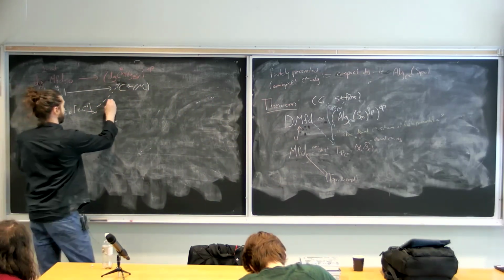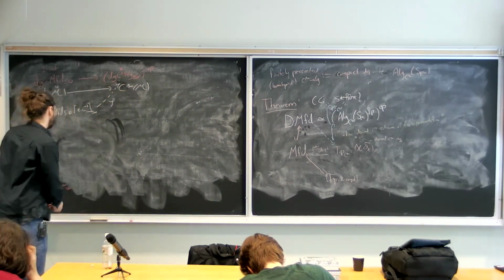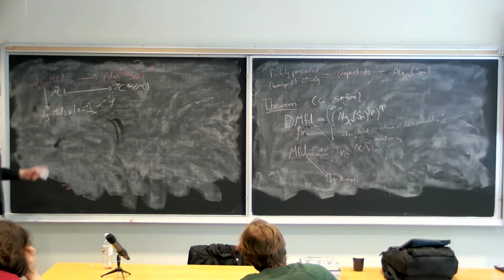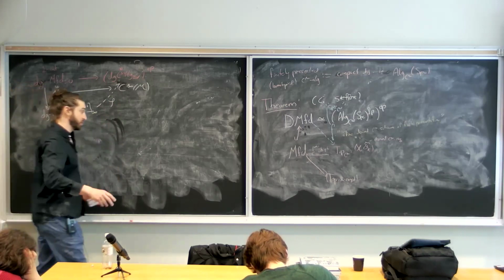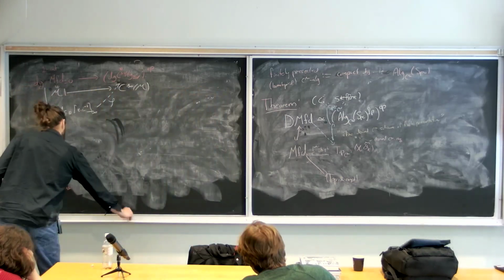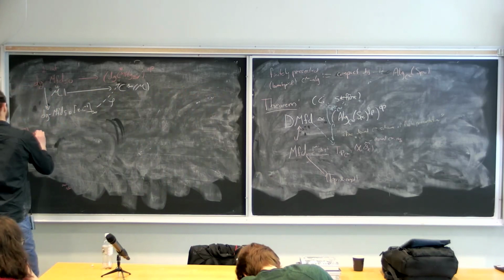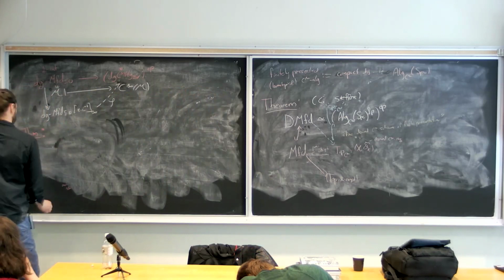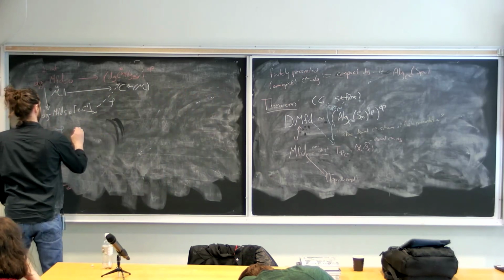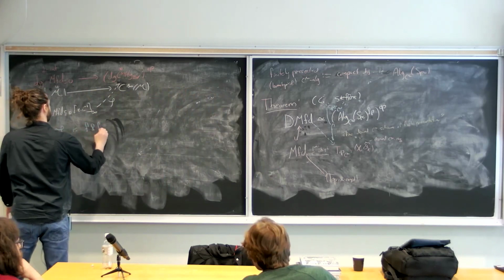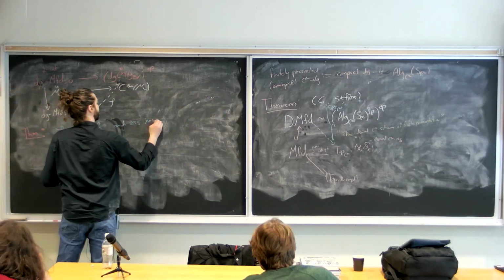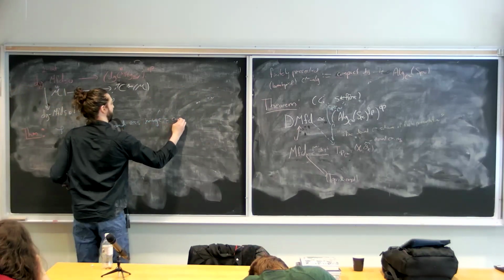So there's a functor from the infinity category you get from DG manifolds in positive degrees, where you just universally invert these quasi-isomorphisms. And the theorem is that this phi is fully faithful, and the essential image is the compact objects.